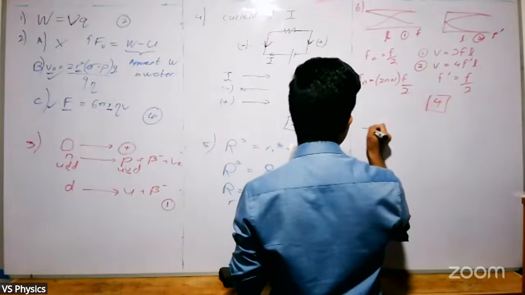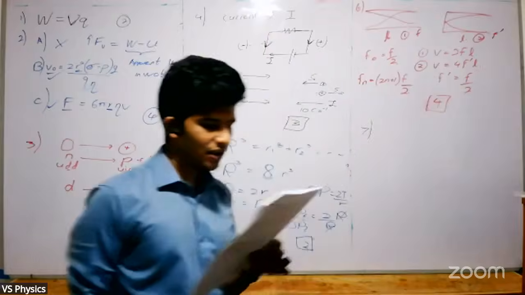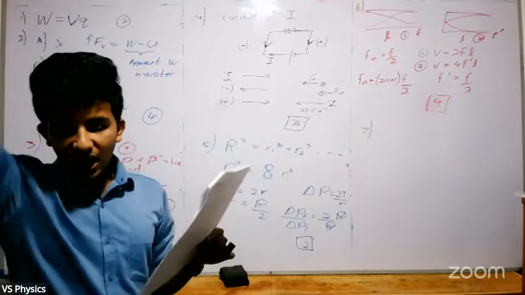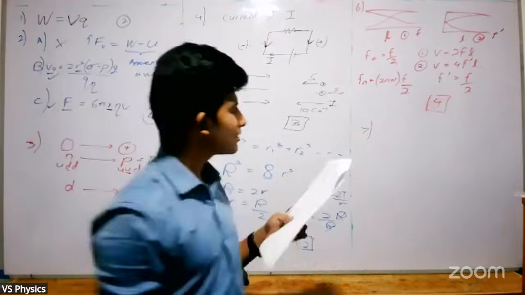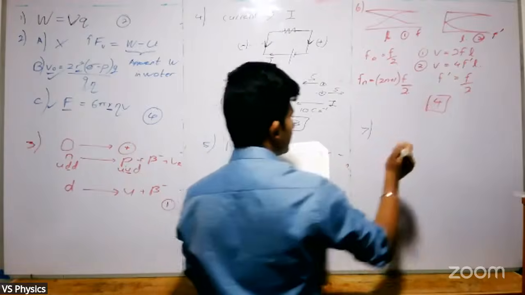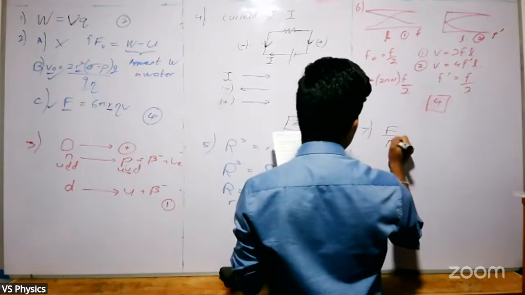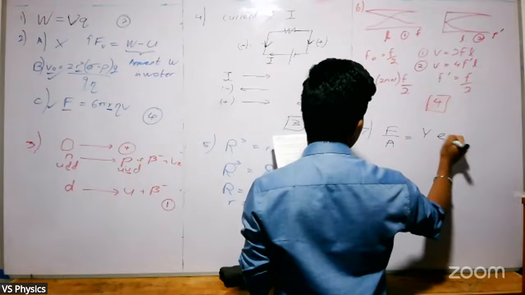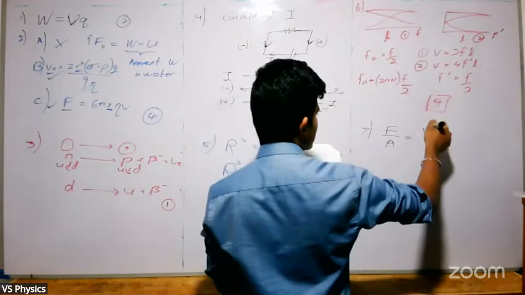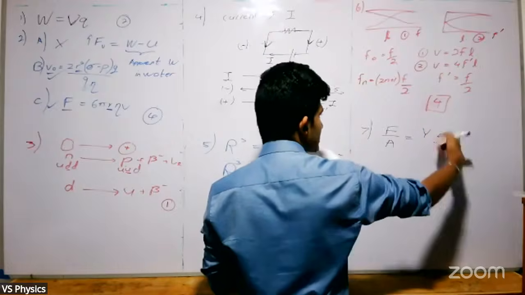Seventh question. Properties of matter. Easiest question. They didn't even ask you to think about the logic. Directly we have this equation, F over A equals Y times e over L. F over A is stress, equals Young's modulus times strain.